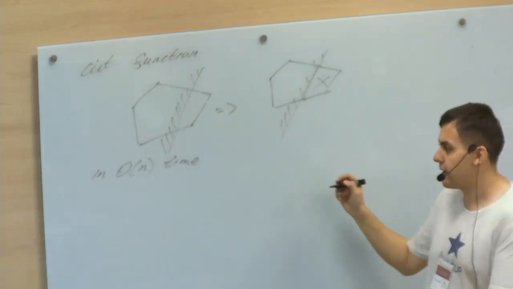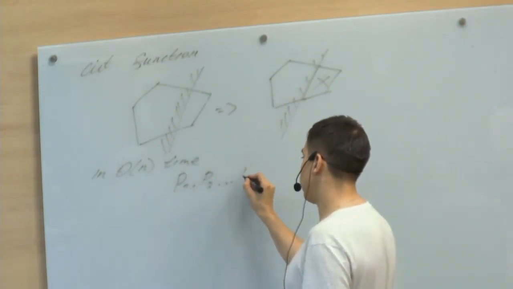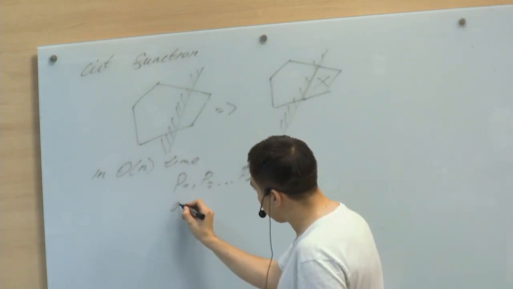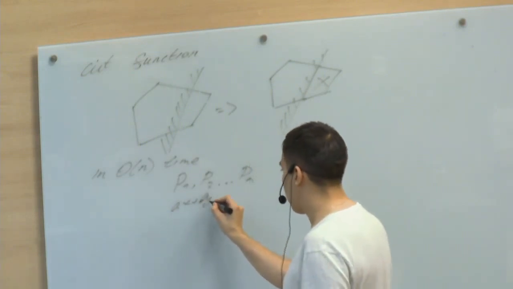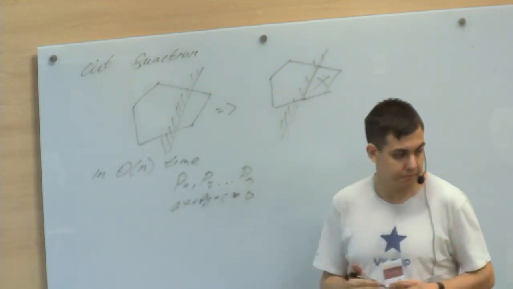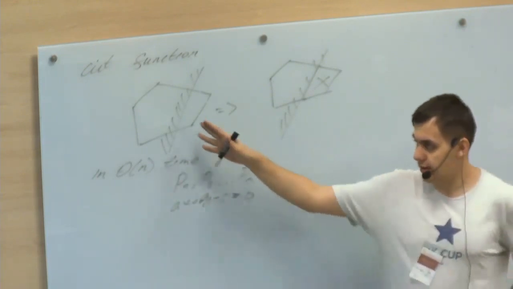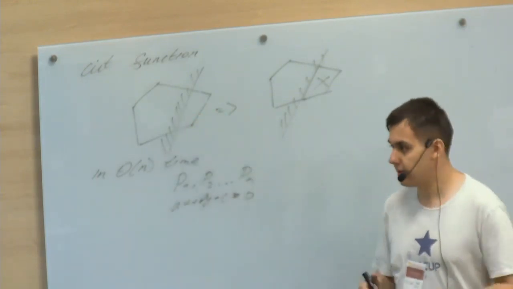So suppose we have our points P1, P2, Pn, and the line Ax plus By plus C, let's say greater than or equal to 0. Now we'll form a new list of points that form the new polygon.